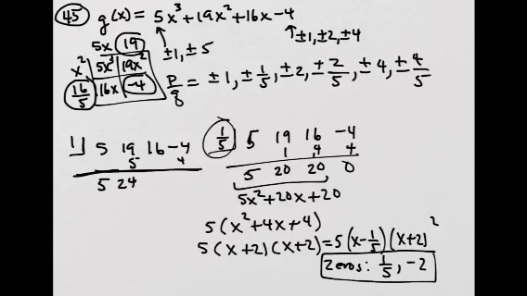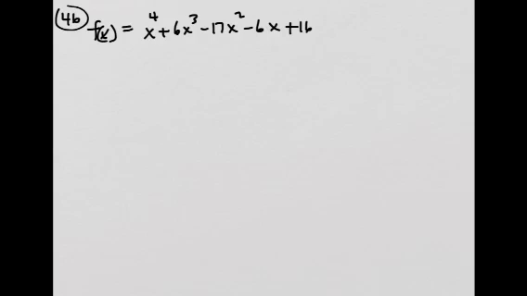Once is enough. So number 46 cannot be factored by grouping because it has 5 terms. Okay, that's not an even number of terms. So you're pretty much stuck with doing the p over q synthetic division. So the factors of 16 are plus, minus 1, 2, 4, 8, and 16.